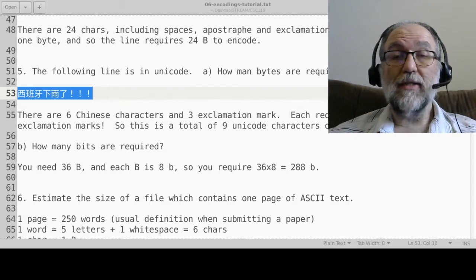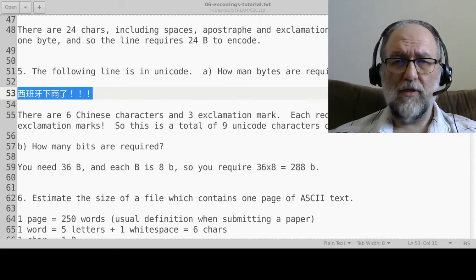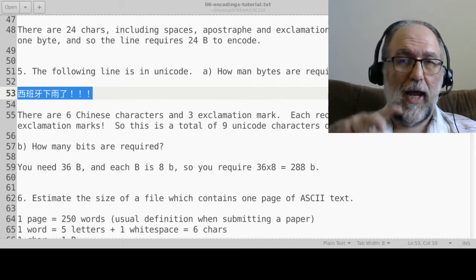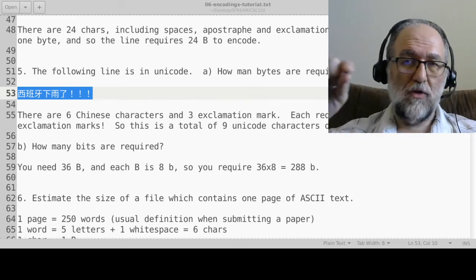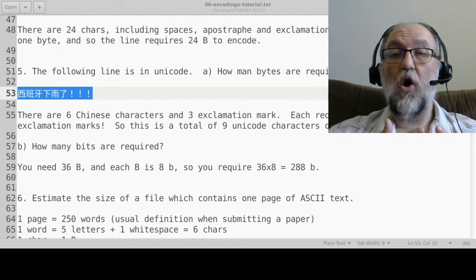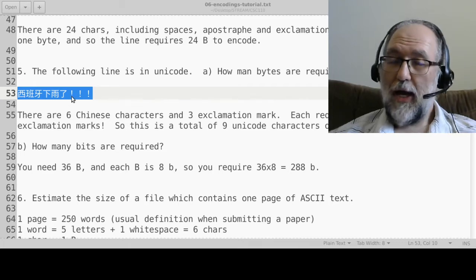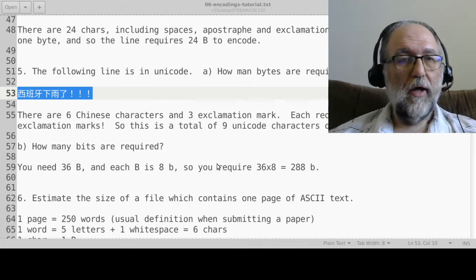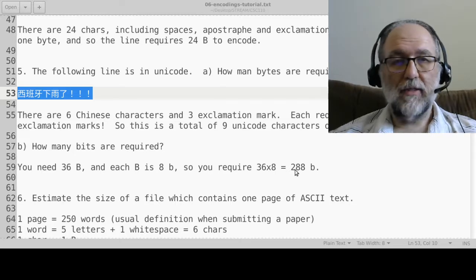Wherever that is inside the computer, not to get into all the details of the internals of computers, it's basically encoded with a sequence of 288 ones and zeros. And whenever the computer encounters those 288 particular ones and zeros, it says, oh, you want me to draw that text there. And that's what encoding is. All right, so 36 bytes or 288 bits.